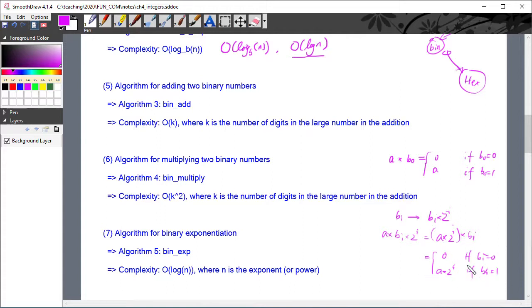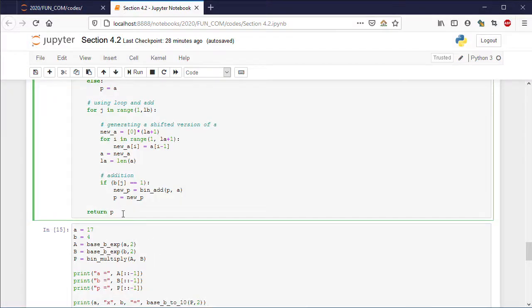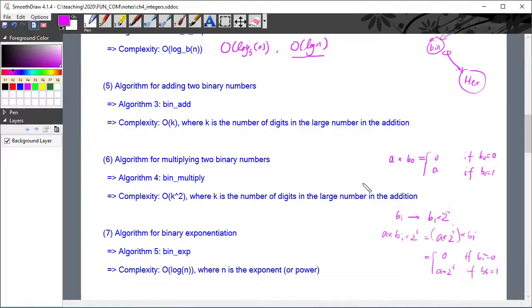So suppose we have a temporary product. That temporary product P should be added by this number. So that is why in the program I have this if statement, if Bj equals 1. That is because when Bj equals 0, this product is 0. So P plus 0 equals P, so nothing is changed. But if Bi equals 1, this product equals A times 2 to the power of i.